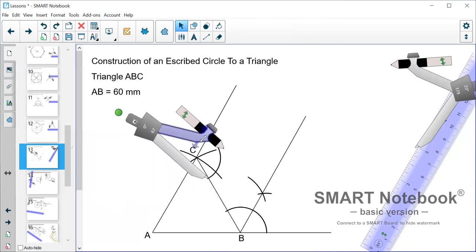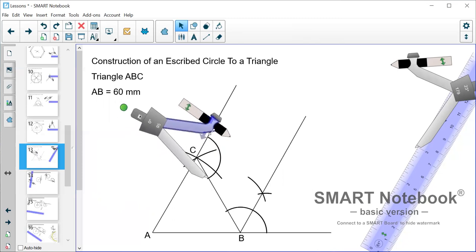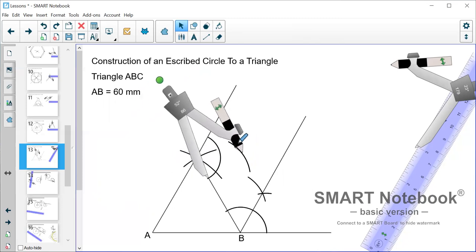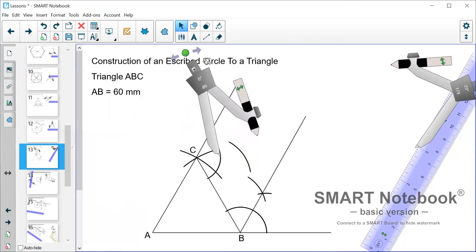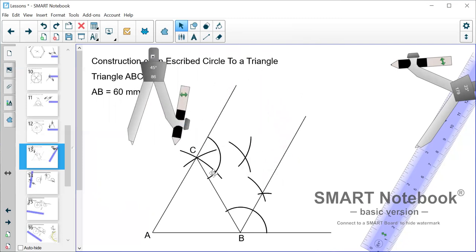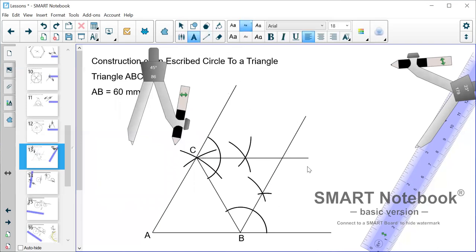Open the pencil point a little more to get some space. Describe an arc in the middle. Then with the same measurement, you go from the other end and intersect this arc. When you finish, you draw a line from C through that point of intersection and extend it to intersect the previous bisector. Where they intersect each other, we label that O.